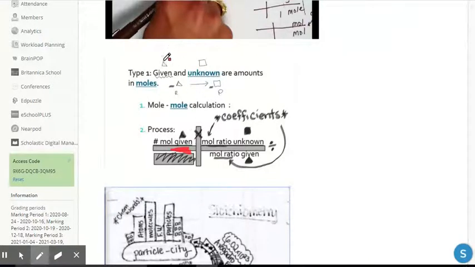You also notice that I put a triangle and a square on this image, right? I told you triangles are the reactants, squares are the products. It doesn't have to be the reactants and products. You can have two reactants that we're looking at. But what I'm telling you is that this is a character, this is a different character. So when you cross that bridge, you start as a triangle, you end as a square, okay?